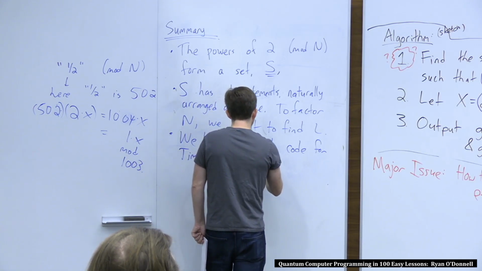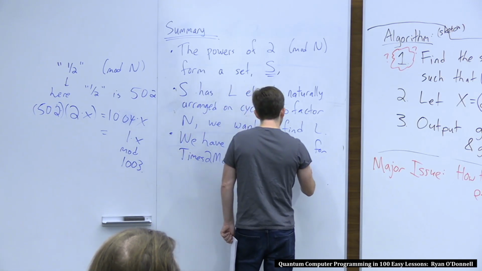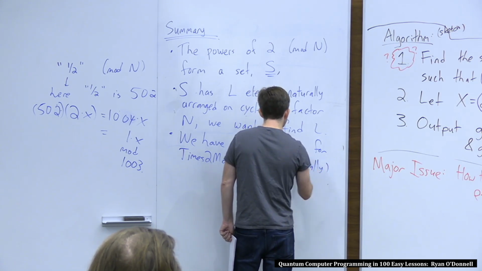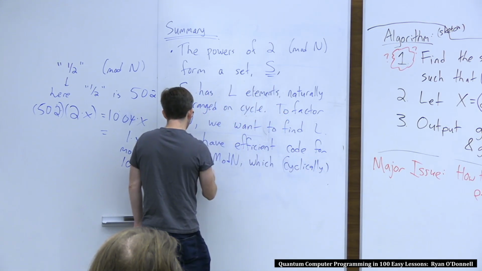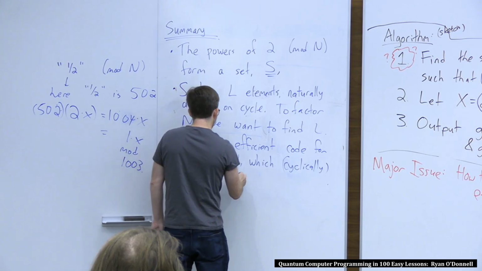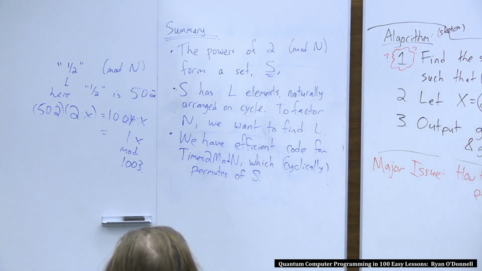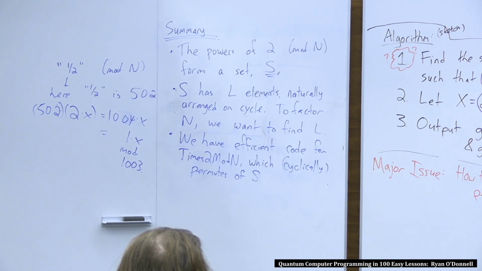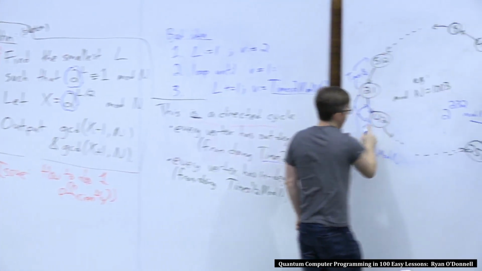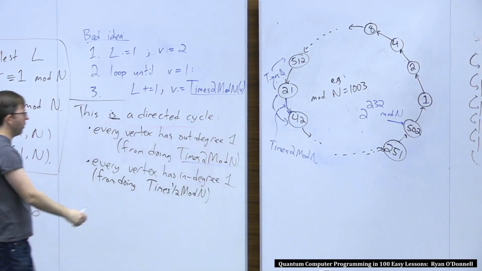And this has a property that it cyclically permutes the elements of S. So if you think of these numbers as a set, this times 2 mod n tiny subroutine permutes them. Like 1 maps to 2, 2 maps to 4, 4 maps to 8, 21 maps to 42 in this example, and so forth.